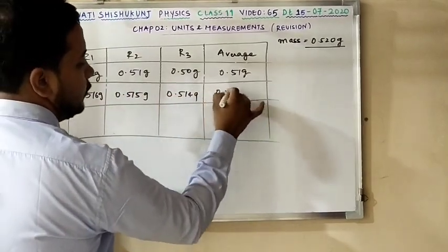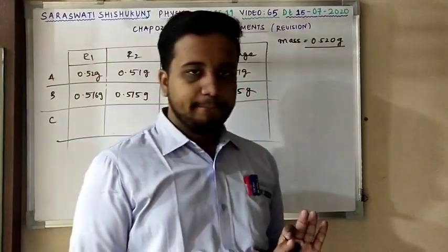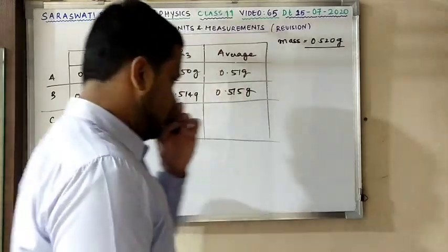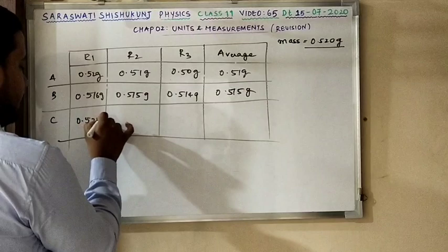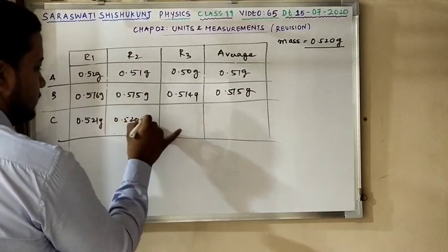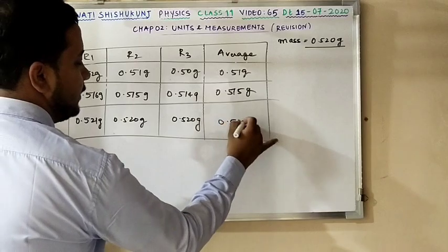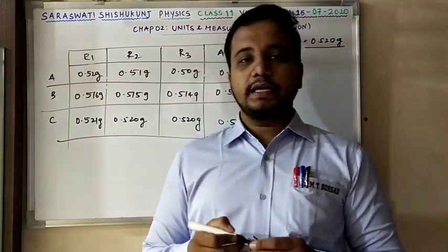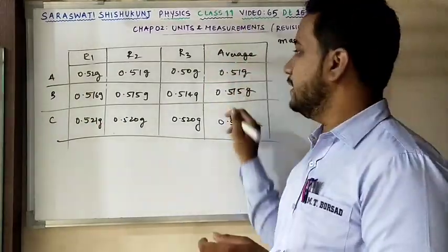Average was found to be 0.515 grams. Till this clear? The third, C, got 0.521 grams, 0.520 grams, 0.520 grams and the average was 0.520 grams. These were the three separate readings taken by A, B, C, and the average is calculated.